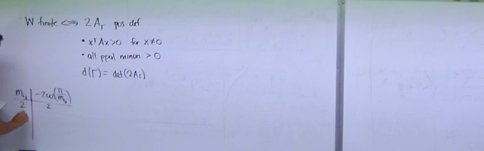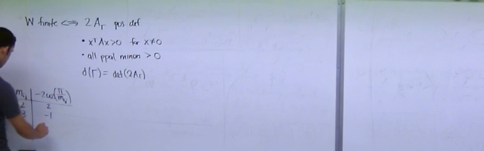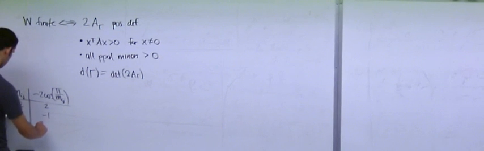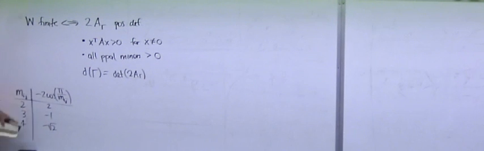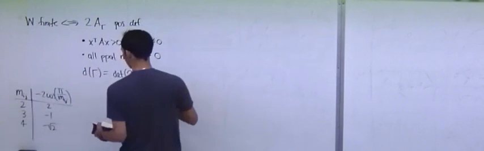When Mij is 3, we see negative 1's. When Mij is 4, we get minus 2 cosine of pi over 4. And, well, this is root 2, minus root 2, etc. And these values will come up, so I want to record them there.